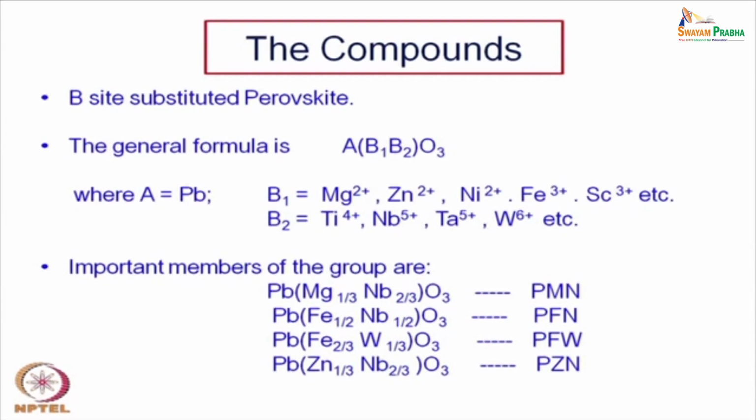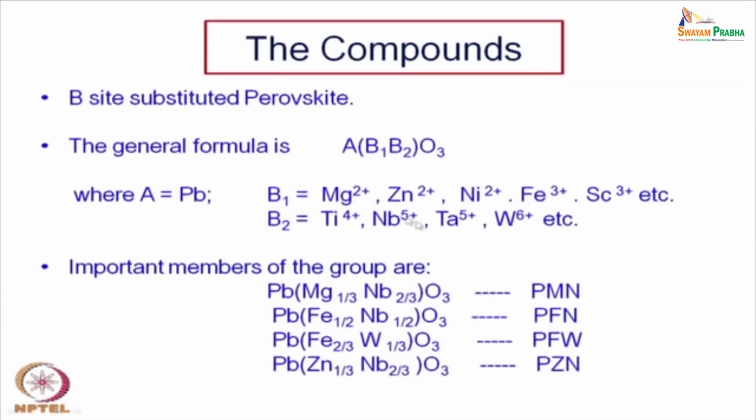Now, what are the different compounds? We have already seen that there are 3 groups under which all these compounds can be classified, depending on the crystal structure. Here let us look at some of the specific compounds. The first group is the so-called B site substituted perovskites.